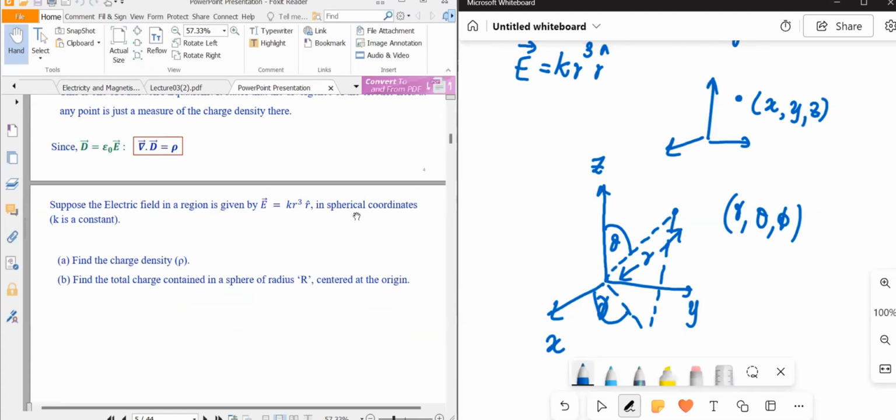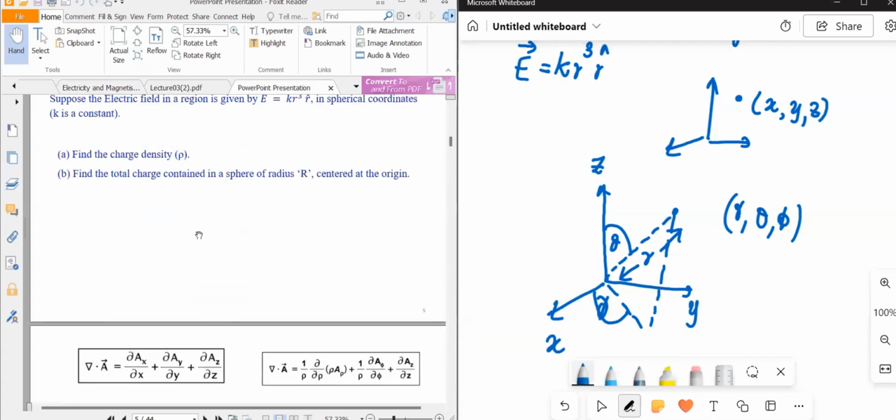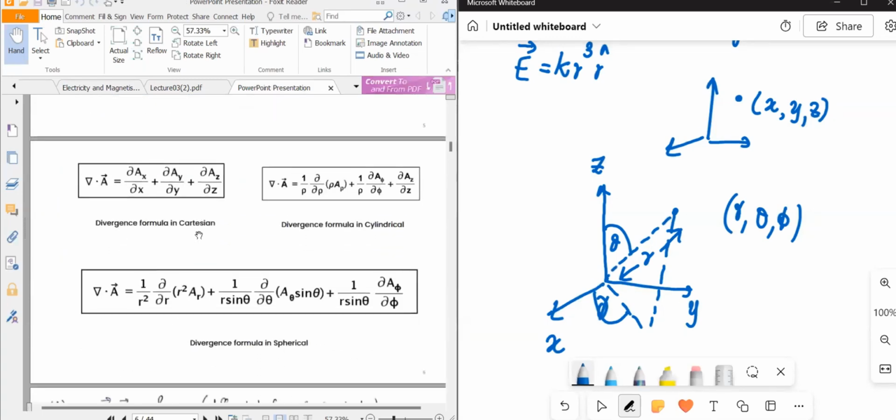So here we need to consider this electric field in a spherical coordinate system and find the charge density rho. First, we need to calculate the charge density rho. So the divergence, previously we used this divergence formula in the Cartesian coordinate system. The del operator dot A is going to be del over del x of A x, plus del over del y of A y, plus del over del z of A z.